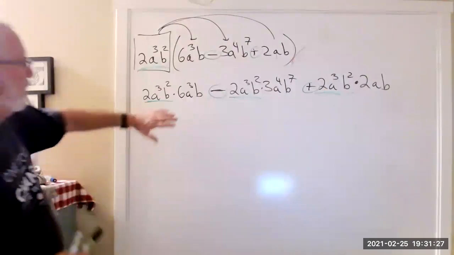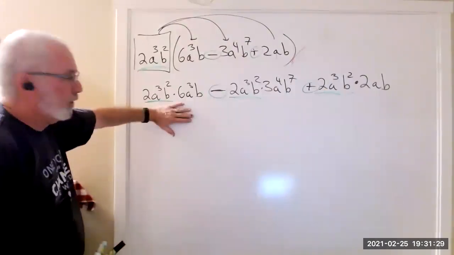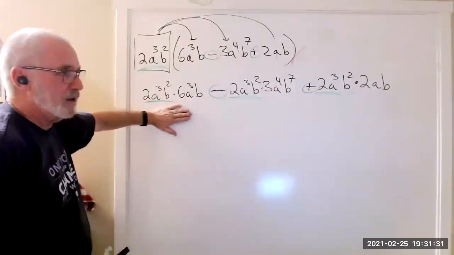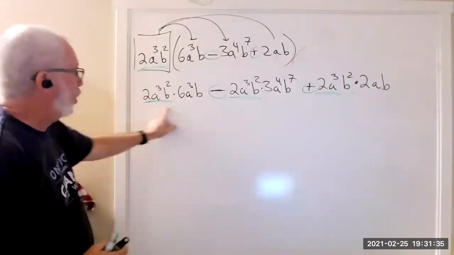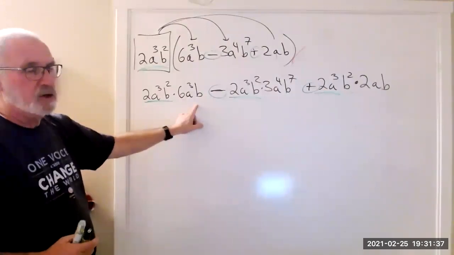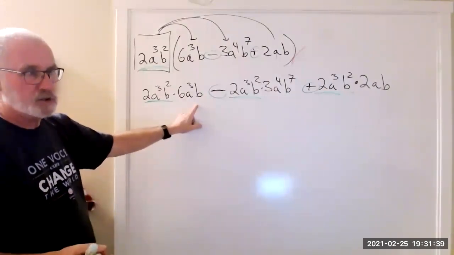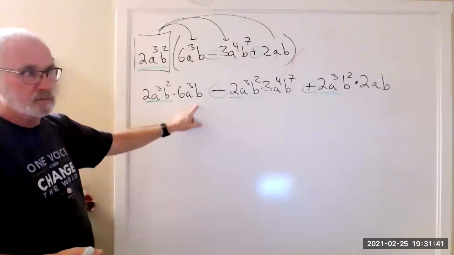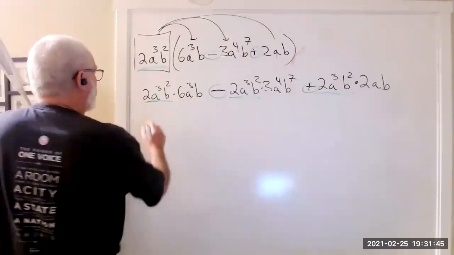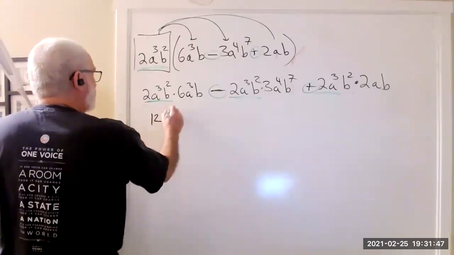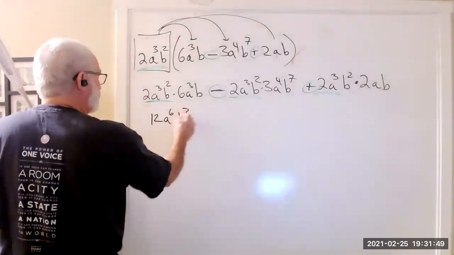Now, if you just look at this part of the problem only, where my hand is, because it's all multiplication, I can use those rules of exponents. So this becomes 12, a to the 6, b to the 3.